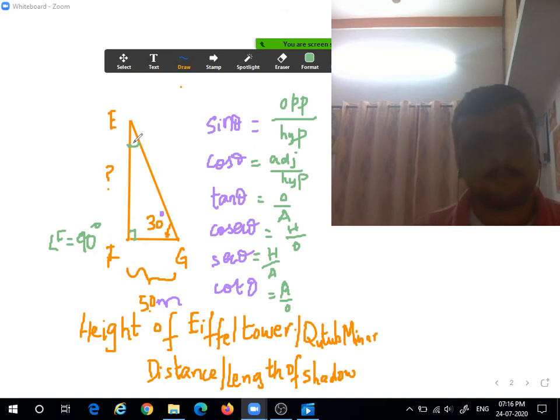By the angle sum property, angle E plus angle F plus angle G is equal to 180. So 90 plus 30 plus X is equal to 180. 90 plus 30 is 120, 120 plus X is 180, so X will be 60 degrees. That is not the point here. If we have only one measure, we can easily find the height.